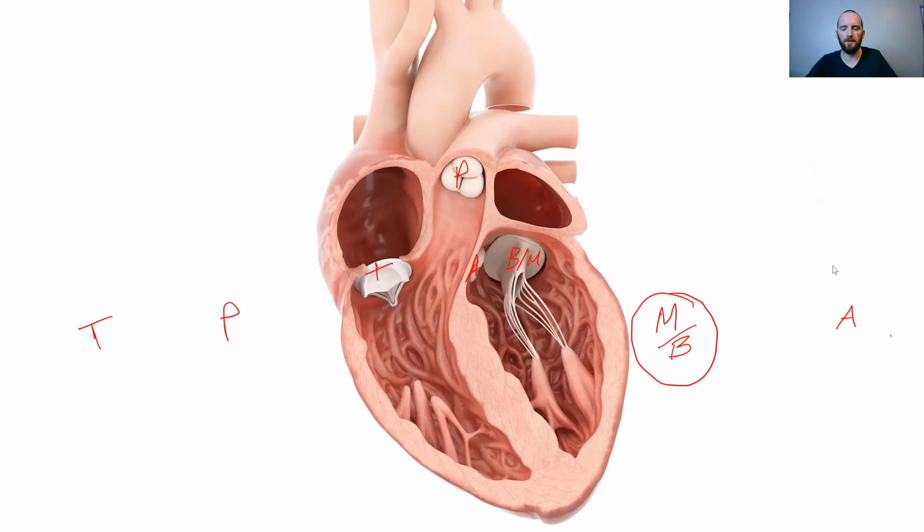Let's circle back to that one in a little bit. That's a good question. Just like the heart is tissue and needs a blood supply to keep that tissue alive, the lung is tissue as well.